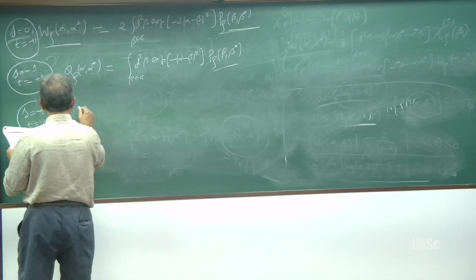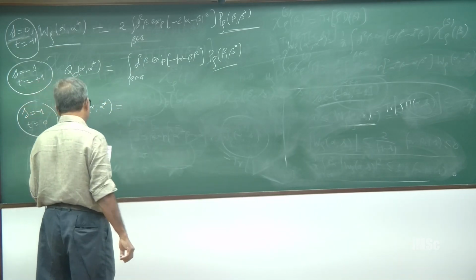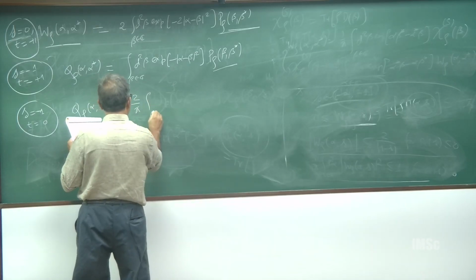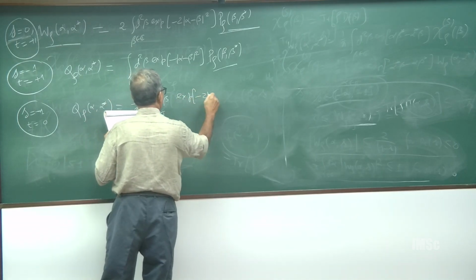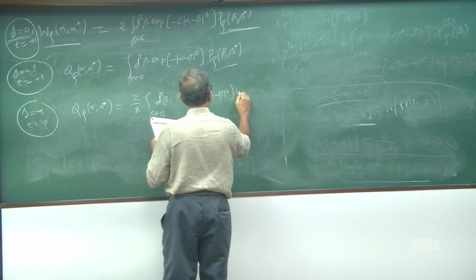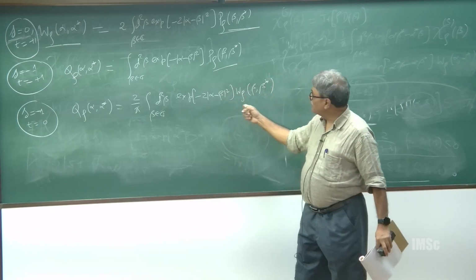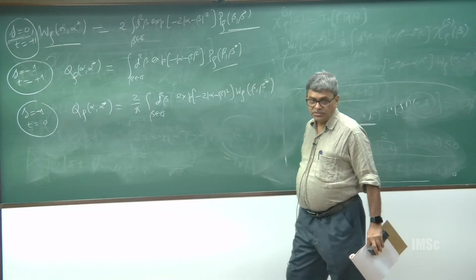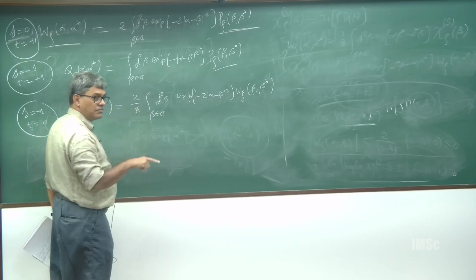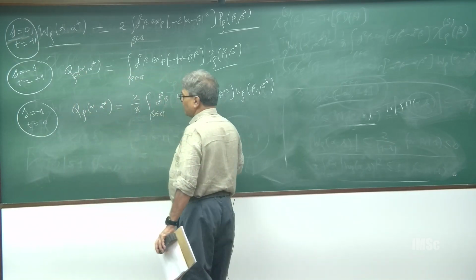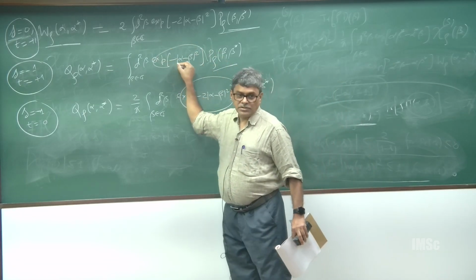So, this will tell you again this is q of alpha alpha star, but this time it will be expressed as 2 by pi, integral over beta belonging to C, d square beta, exponential of minus 2 mod alpha minus beta square, then w rho of beta beta star. So, again this is a Gaussian smoothing of the Wigner function. Okay. So, the q function is a Gaussian smoothing of the p function, it is also a Gaussian smoothing of the Wigner function, but the factor is different, because this is smaller than this quantity.